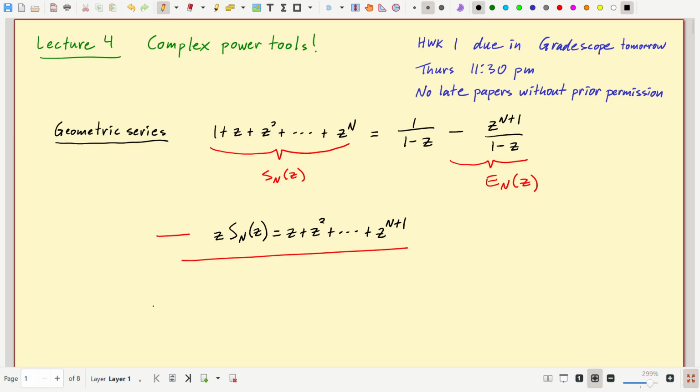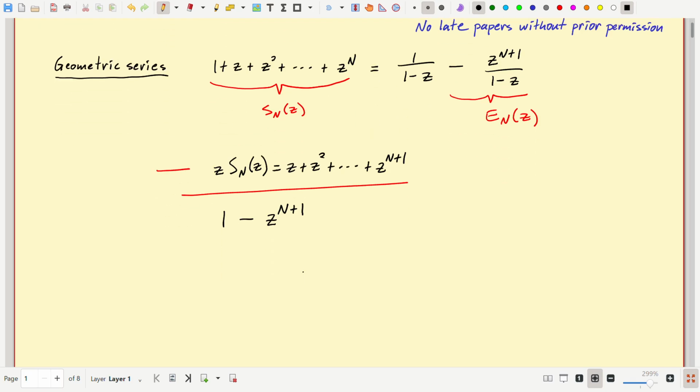On the left-hand side, the 1 stays there, but z squared, etc., all cancels, z to the n even cancels, but I have a minus z to the n plus 1 hanging out in the bottom line. So when I do that subtraction, it boils down to 1 minus z to the n plus 1.